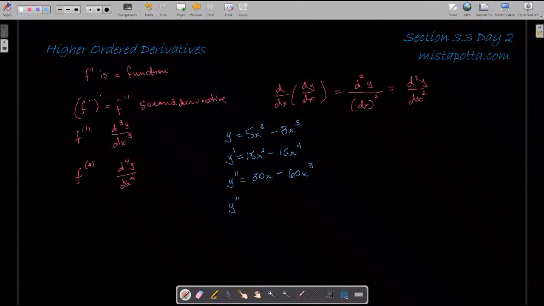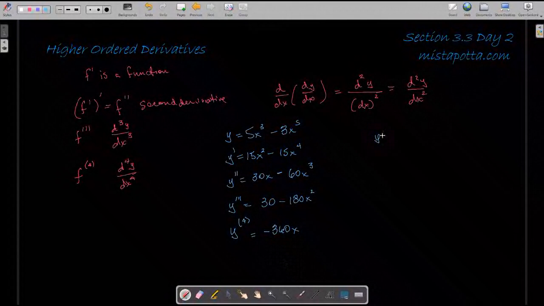My third derivative would be just plain 30, because the derivative of a constant times x would just be a constant, minus 180x squared. And if I continue to take derivatives, my fourth derivative would be, the derivative of a constant is 0, so I end up with negative 360x.